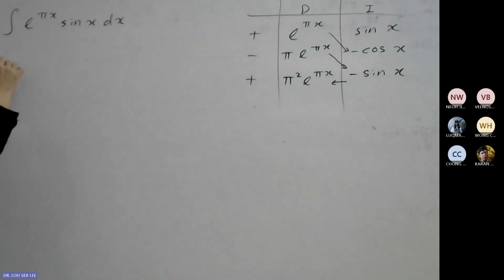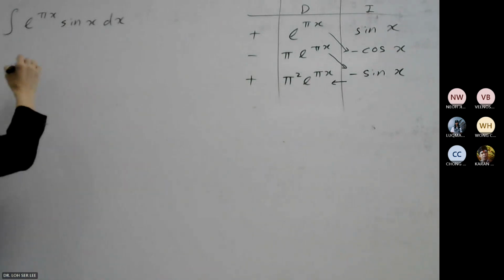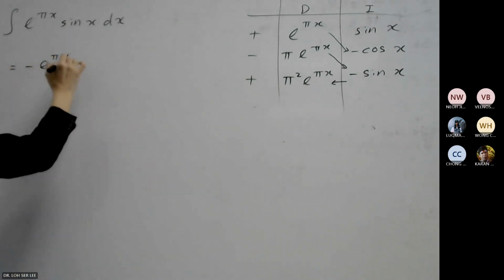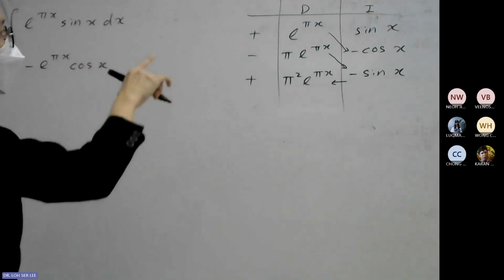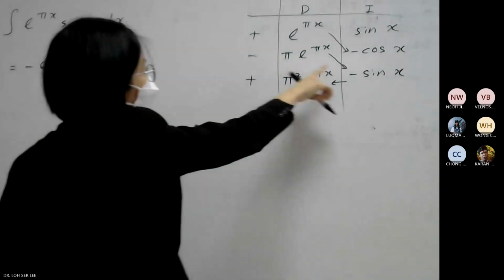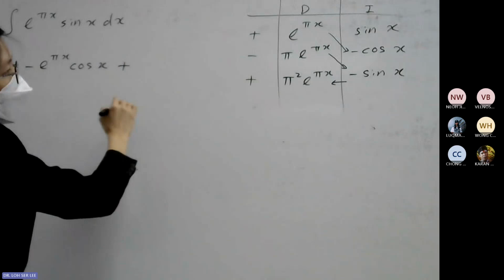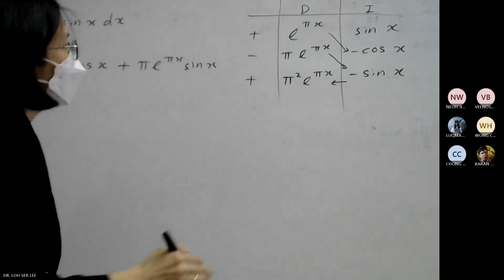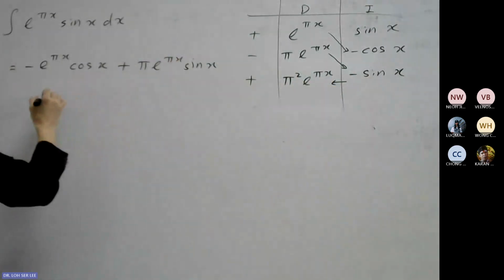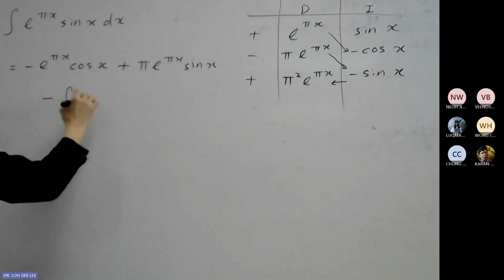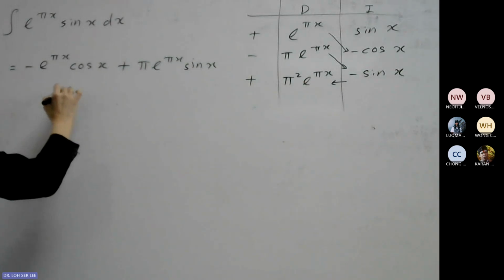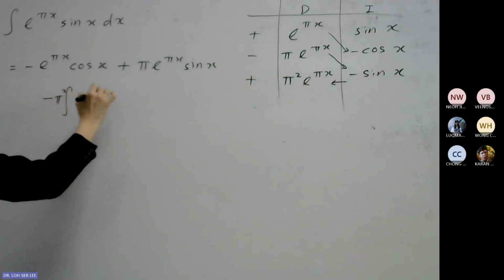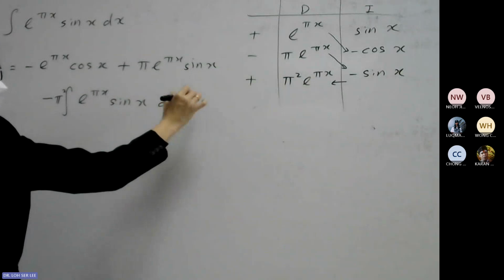So this one equals negative e pi x cos x, and then plus pi e pi x sine x, and then for the horizontal row, we have minus integration of pi squared, a constant, e pi x sine x dx.